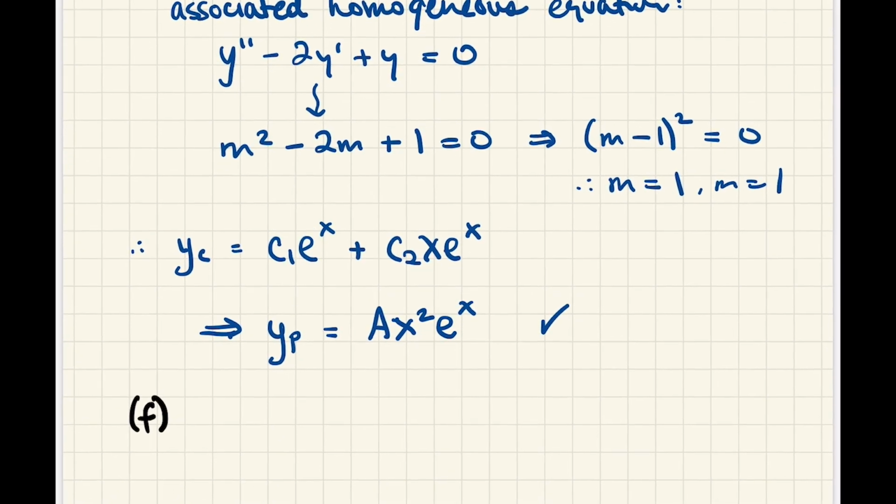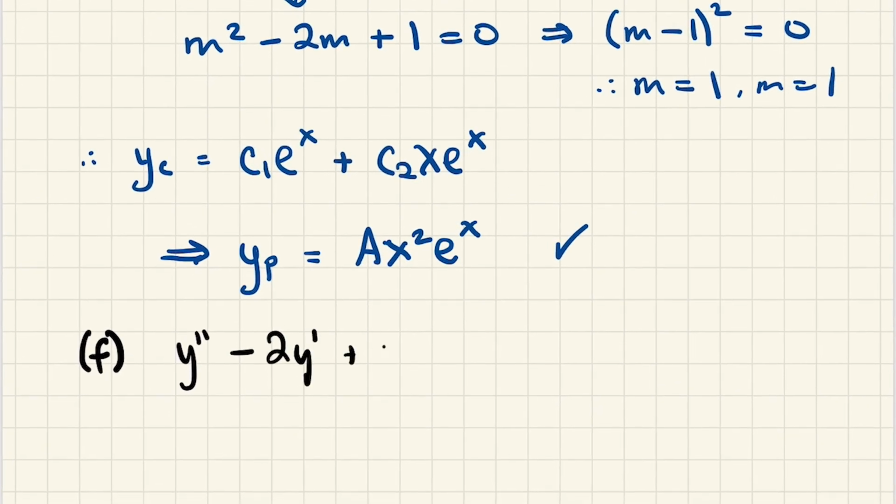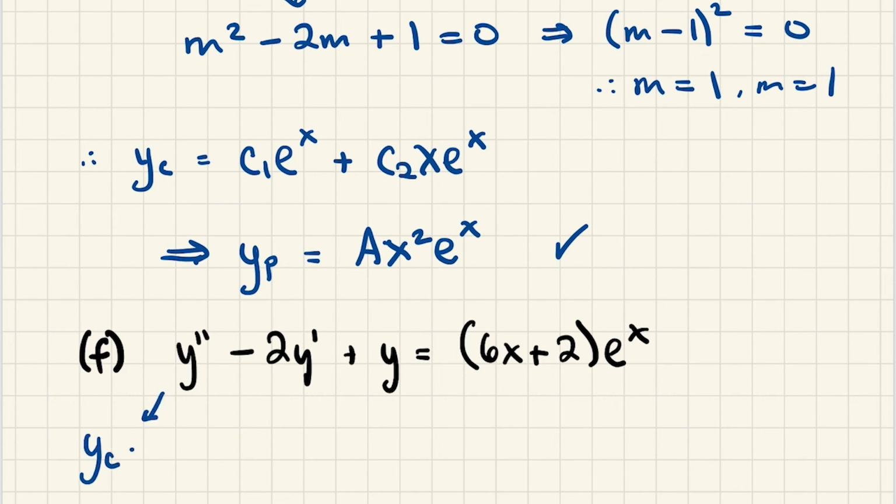All right, we'll do one more. Same left-hand side. And this time the right-hand side is something like 6x plus 2 e to the x. So again, our complementary solution is still c1 e to the x plus c2 x e to the x.